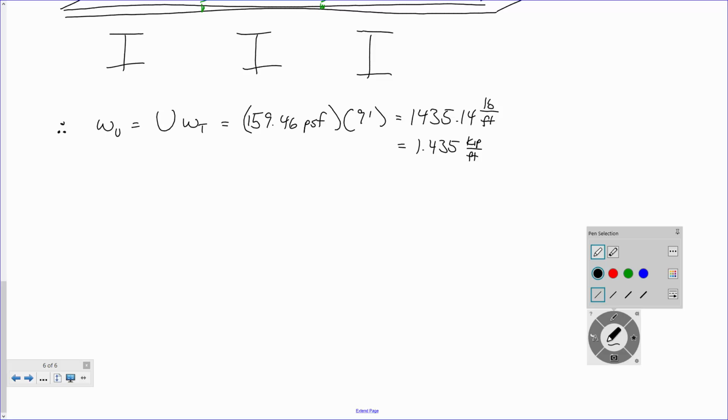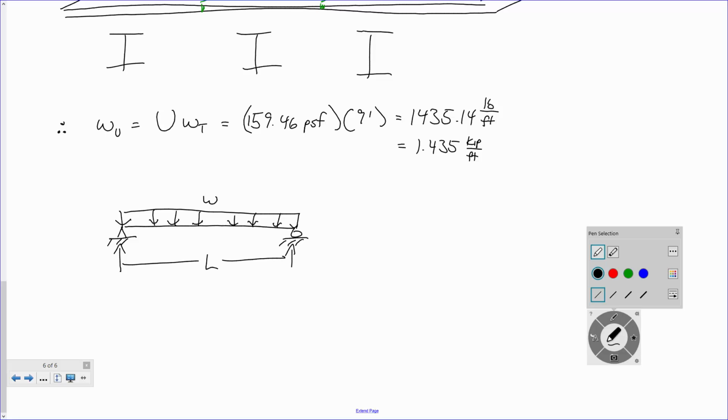All right? So ultimately, here's my problem. I've got a beam, I have a distributed load acting on that beam, W. And that beam is L long.